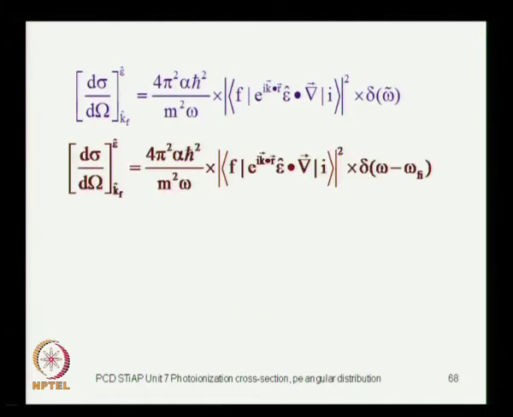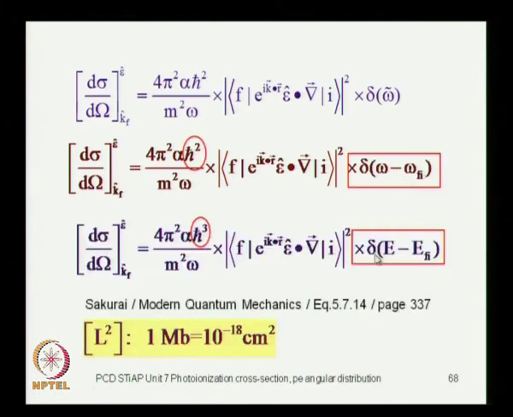Now here this omega tilde is the difference between these two frequencies. Now you can write this Dirac delta in terms of the energy difference as well, because this frequency being equal to the resonant frequency, this condition is precisely the same as the energy of the electromagnetic radiation being equal to the energy difference between the initial state and the final state.